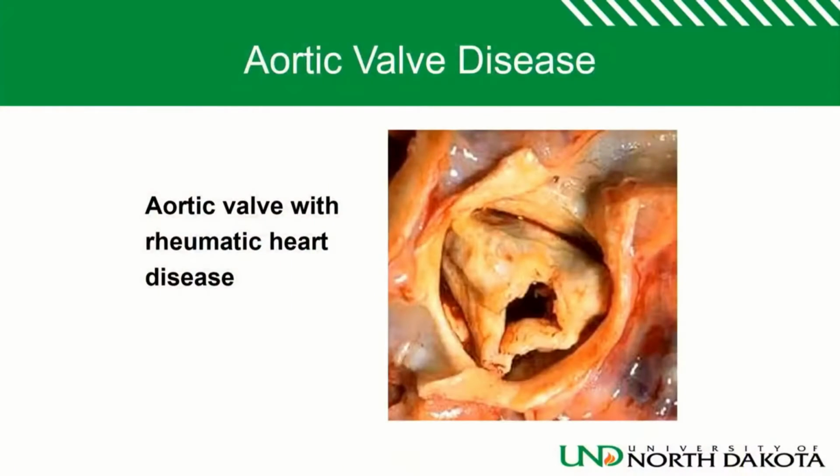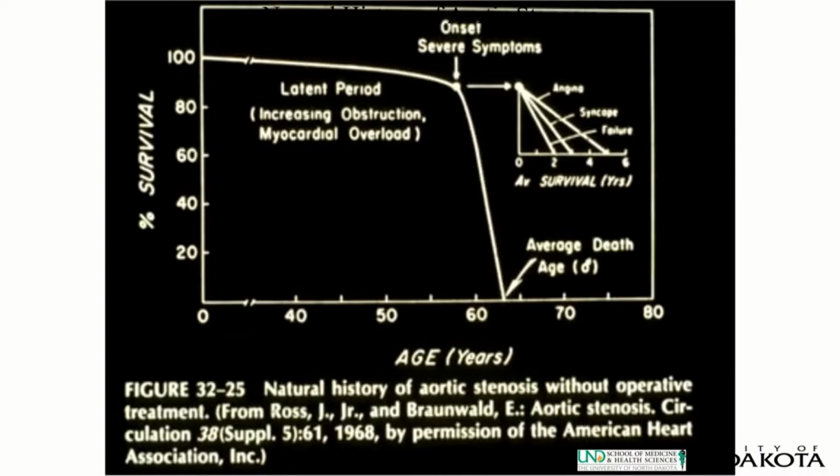And you can see aortic valve disease that's congenital with a unicuspid valve, a bicuspid, a tricuspid, or a quadricuspid valve. The number of cusps is not necessarily indicative, except when you have one cusp or two cusps, you will often have aortic stenosis. We don't see this very often, but the thickening that you can see of the valve with rheumatic heart disease.